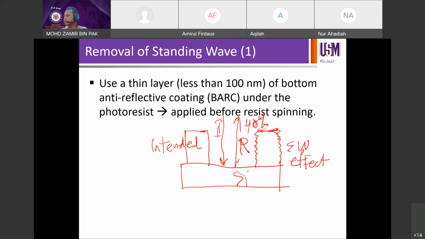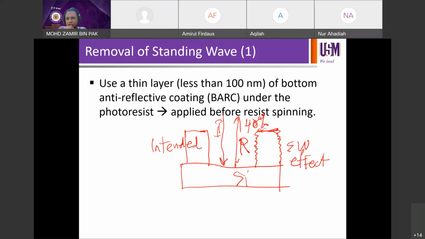The question is, why does silicon reflect about 40% of the incident light? Anyone? Why so high? I want to ask Go and Kali, who work on this as your FYP.